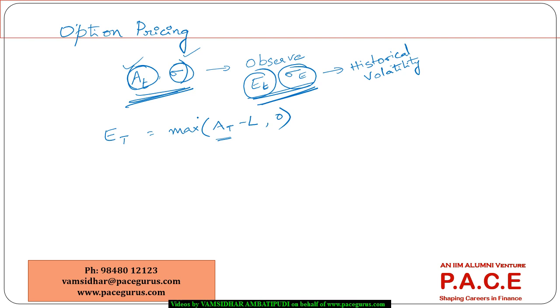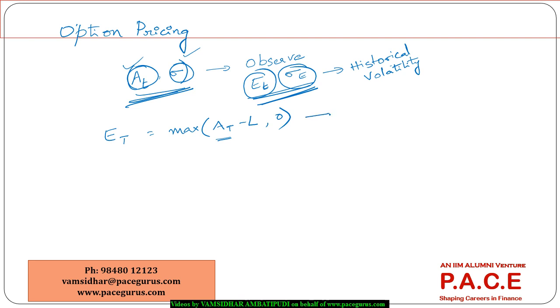But if the value of the asset at time T goes below the liabilities, then the entire value will go to the lenders towards the liability payment. The equity holder will be receiving zero. He will walk away, handing over the entire firm to the creditors only.